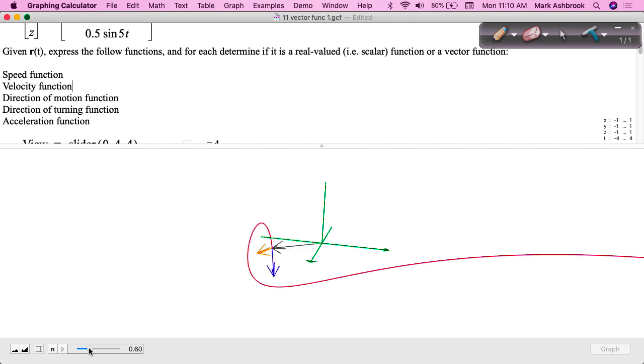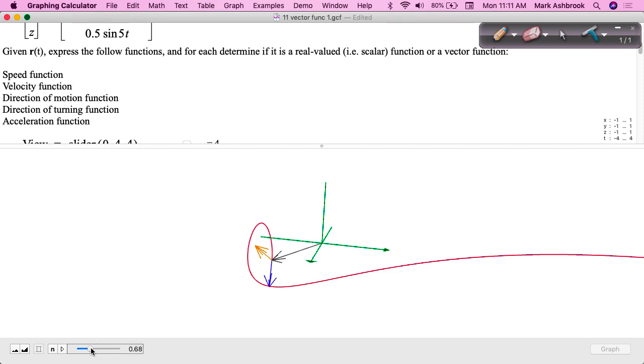So if it's staying at a constant speed, then what's our tangential component? 0, right? The tangential component would be in the direction of the blue vector. If it's staying at constant speed going forward, then we're not going to see a component, and the acceleration will be pointing in the direction of turning the whole time. Does it make sense?